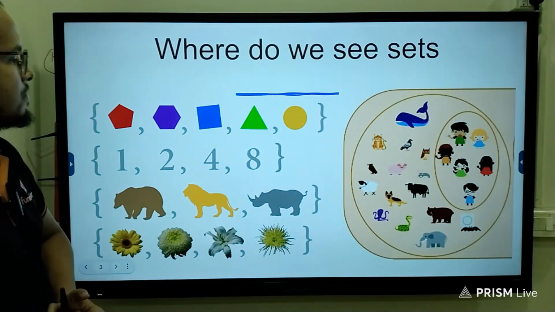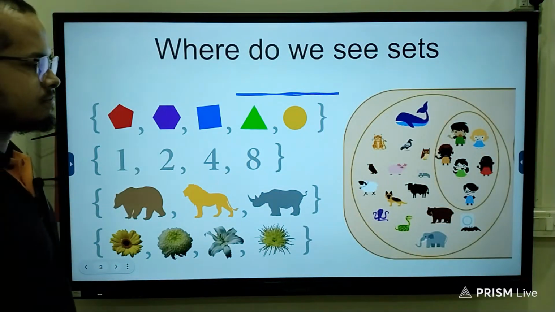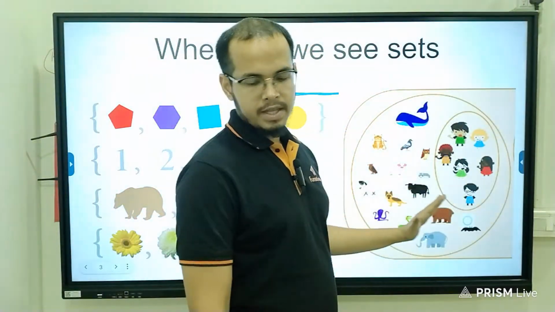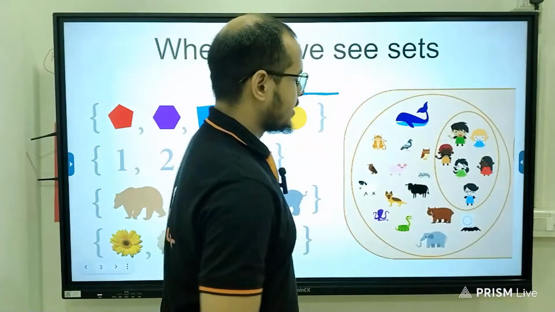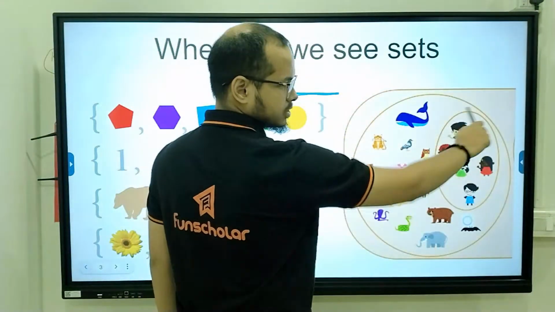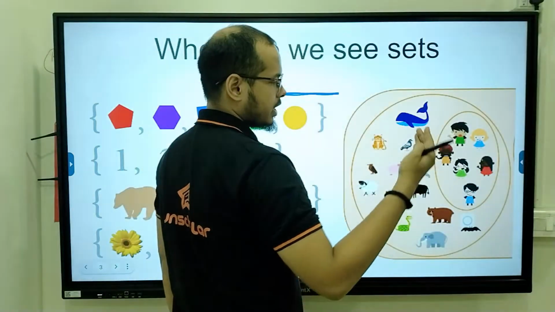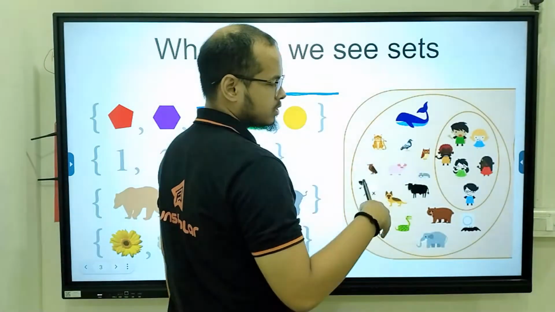Where do we see sets? This is a set of animals inside the animal kingdom. Here, these are human beings. We are different kinds of human beings, right? Different races, people present in different parts of the world.